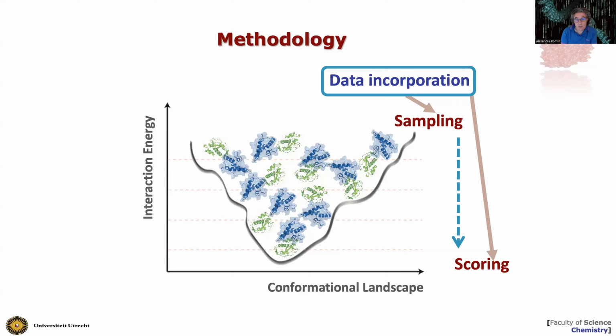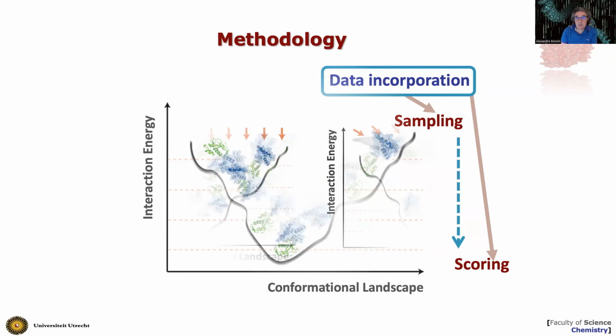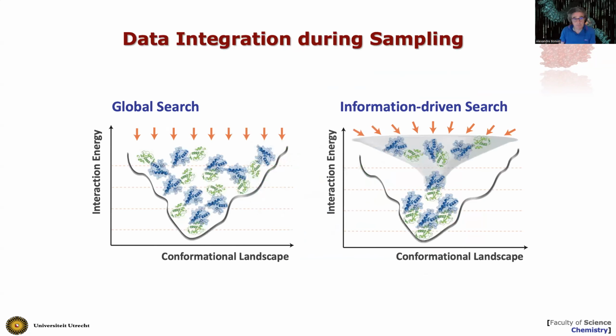You can use the data to bias the sampling, where you say, well, I don't need to sample the entire space which is possible for those two molecules, but I can limit my sampling to the relevant space for the data that I have at hand. And you can also use the data to score the models that you have, because you want your models to fulfill or to explain the data that you have measured. And this distinguishes basically different approaches in the field.